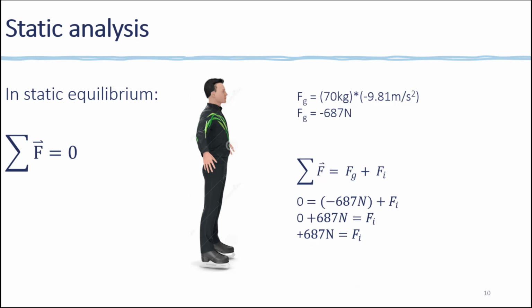Now, this is true in all situations of static equilibrium where only two external forces act. So in this case, we had force of gravity and force from the ice. Those are our two external forces. The external forces need to be equal in size, but they act in opposite directions.